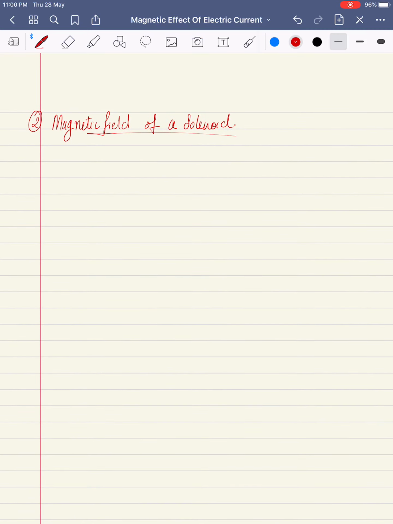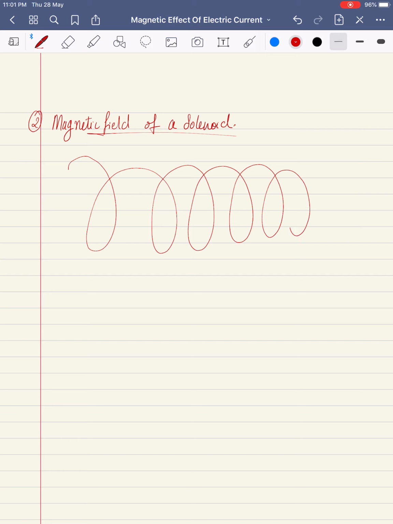It's nothing but a straight wire which is wound in the form of a cylinder. So if I wind a wire in the form of a cylinder, it will have n turns of circular coil wound in the form of a cylinder. This whole cylindrical column that you observe, which has n turns of circular coil, we call a solenoid.